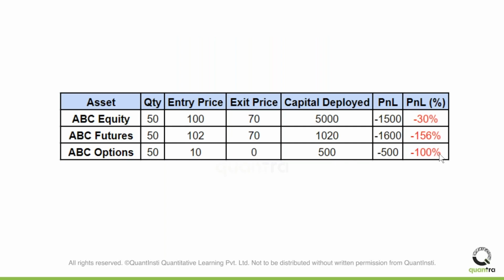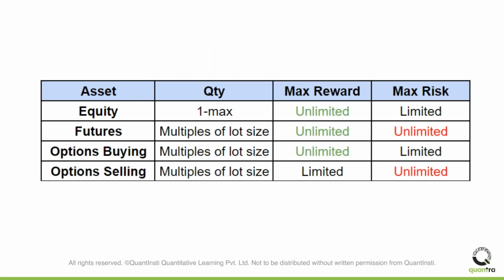He lost all the capital. So this clearly shows that when you're trading or investing in equities, your loss is limited. But when you're trading in futures or options, there are cases where your loss is 100% or more than the amount you paid.